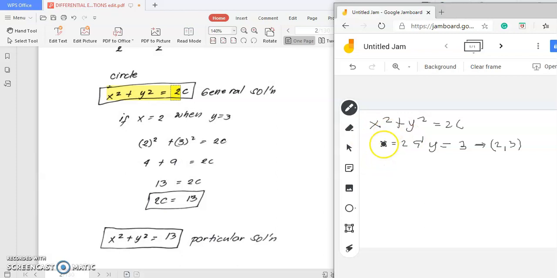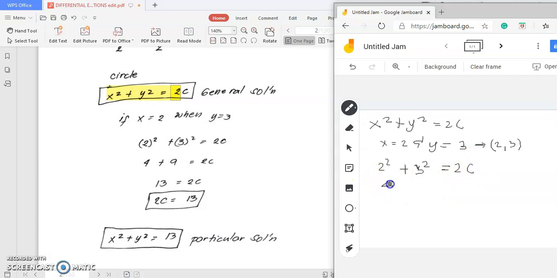Okay. So from here, your x is 2, you just substitute it: 2 squared plus your y is 3, 3 squared equals 2c. So therefore, from here, you could come up with the arbitrary constant.